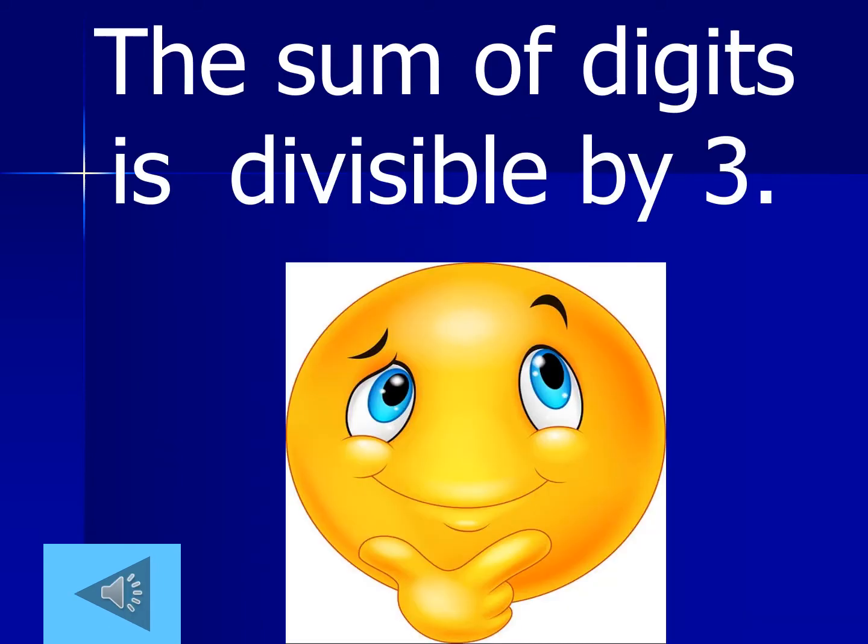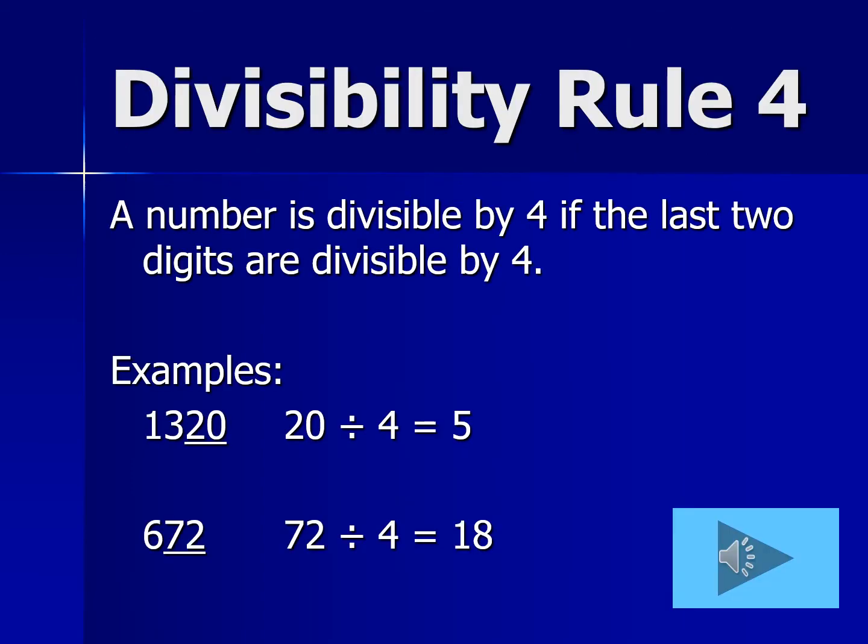So let's remember that for a number to be divisible by 3, the sum of its digits should be divisible by 3.